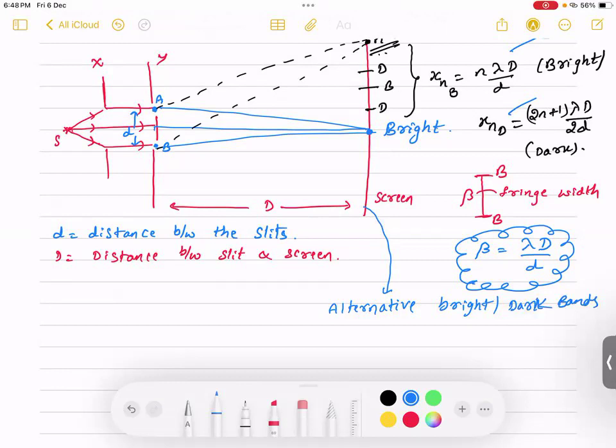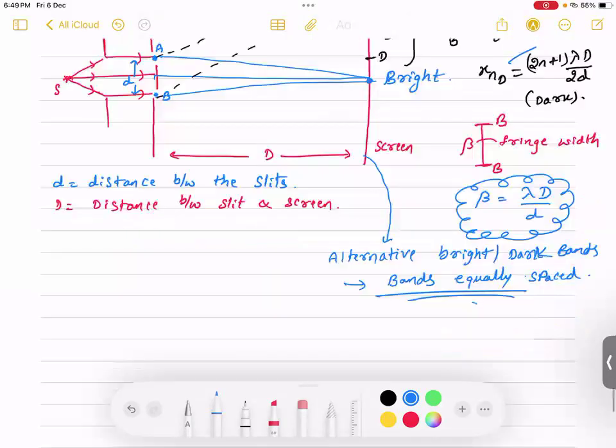And please remember, all bands are equally spaced. So this is what we call interference.